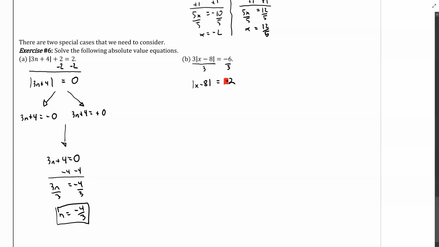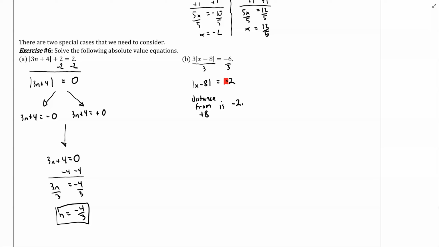If we think about the definition of absolute value, this is saying the distance from positive 8 is negative 2. This is how we interpret it based on the first page. The issue is, what does it mean to have a distance of negative 2?